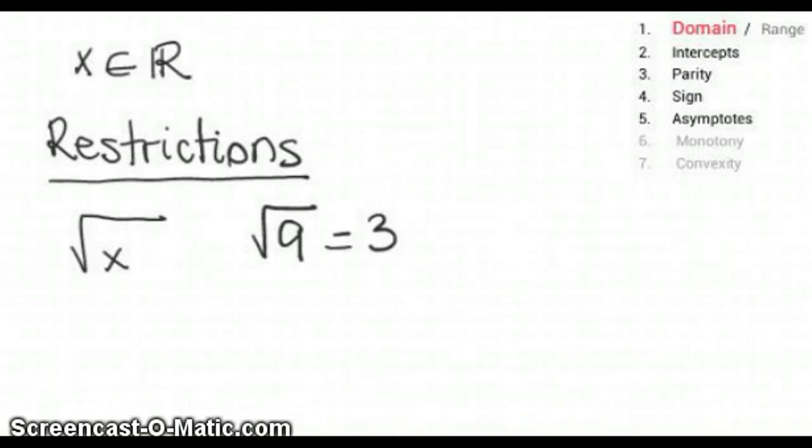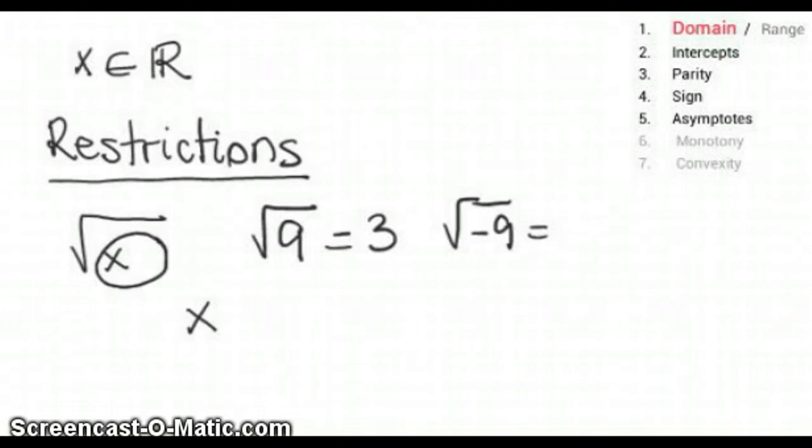So you wouldn't know root of negative 9, because what number times itself is negative 9? So that's why a restriction that would apply to the radical function, to the square root function, is that the quantity under the radical sign should be positive. That would be a type of restriction.